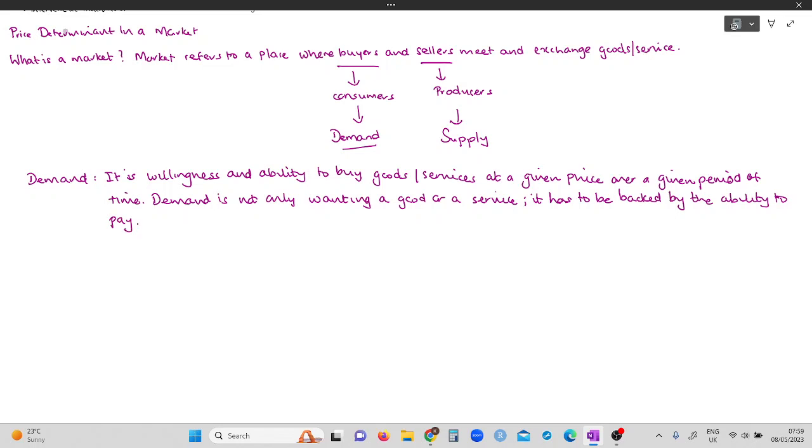Donc such demand, c'est-à-dire any demand which is backed by the ability to pay, veut dire that person should be able to afford to buy the product also. Donc such demand is known as effective demand. Very important.